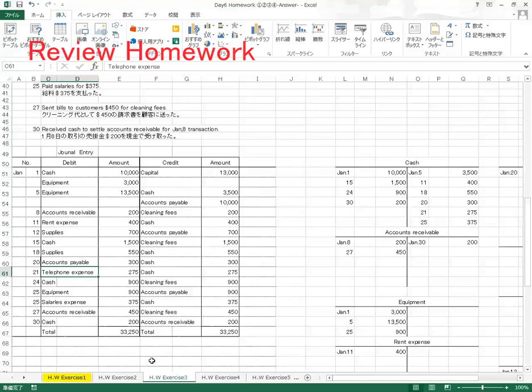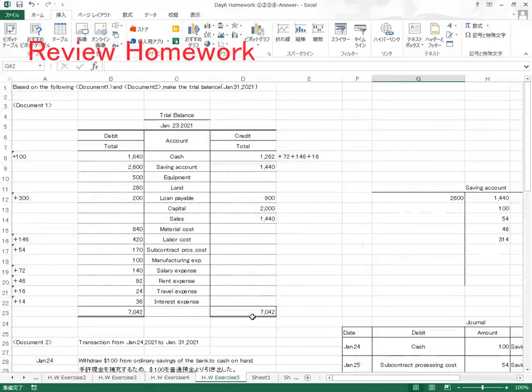But if you use telephone expense for the first time, you should use this account title all the time. If you change it many times, you yourself will be confused. So if you decide to use communication fee for telephone expense, you will use that communication fee from the start of your business to the end of your business.